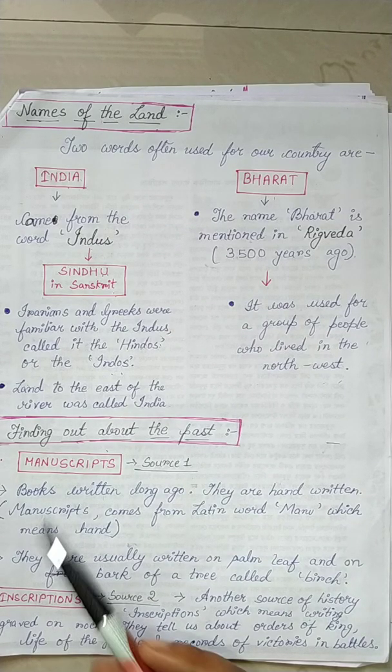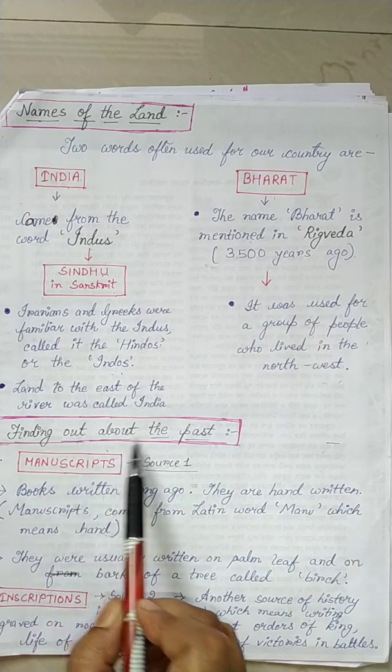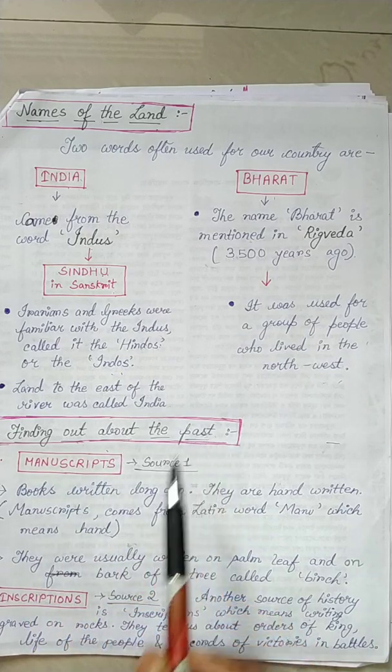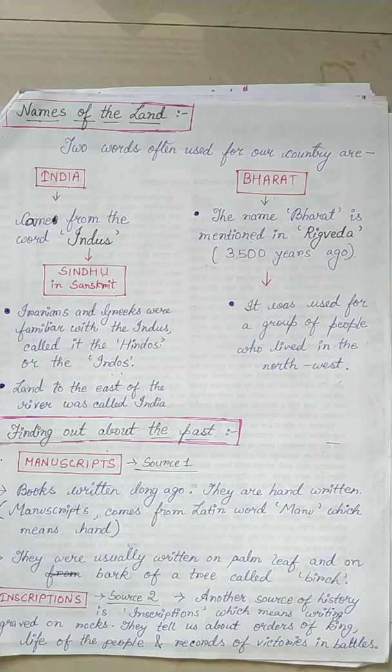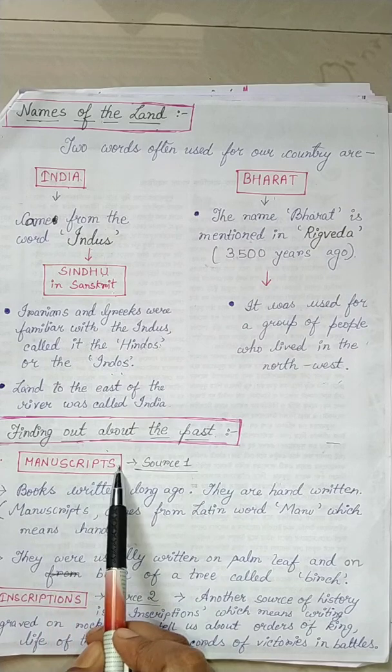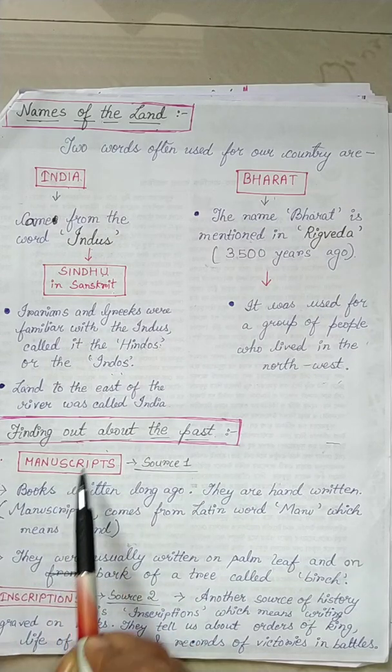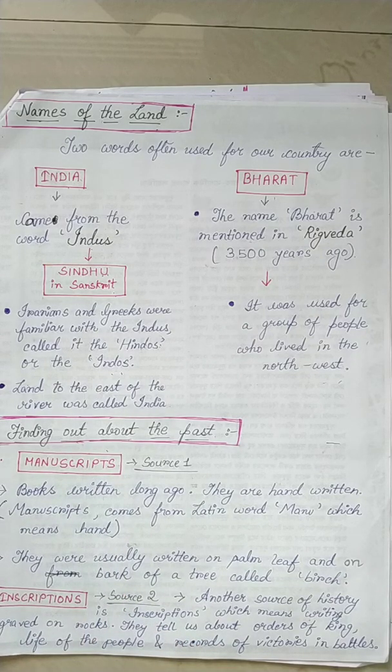Next topic is finding out about the past. How can you find out about the past? There are two major sources. They tell us about our past, about our history. They are manuscripts and inscriptions. What are manuscripts?